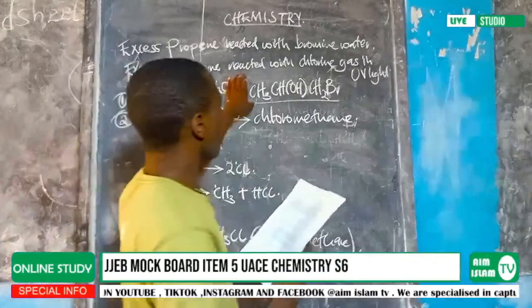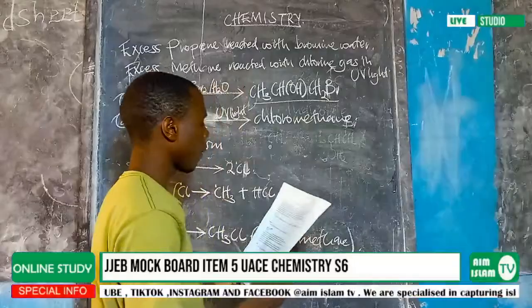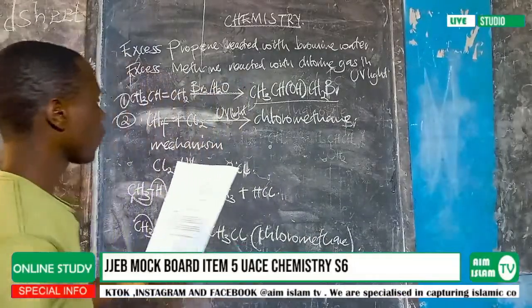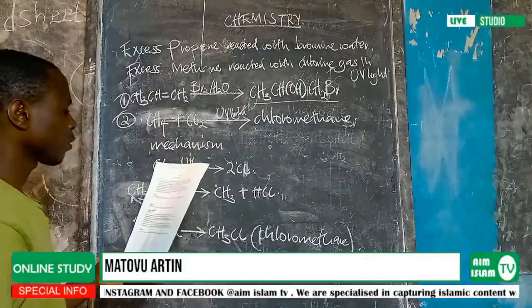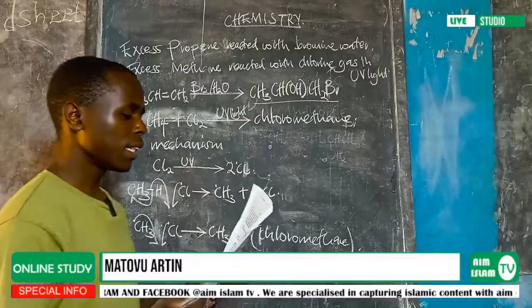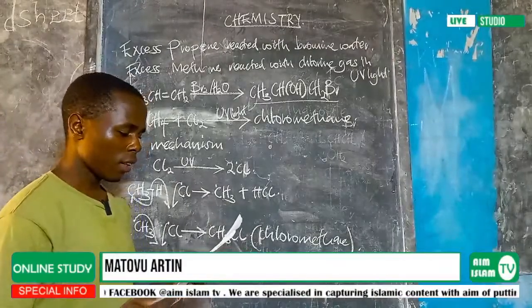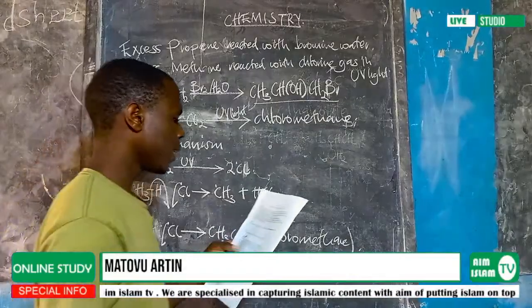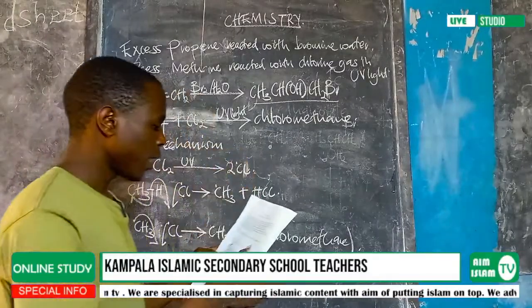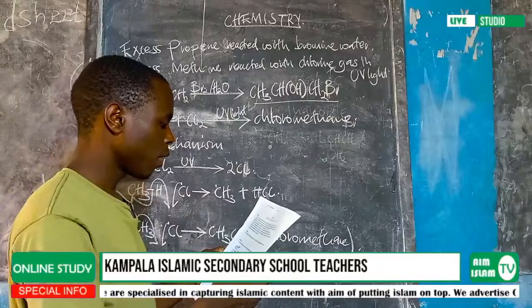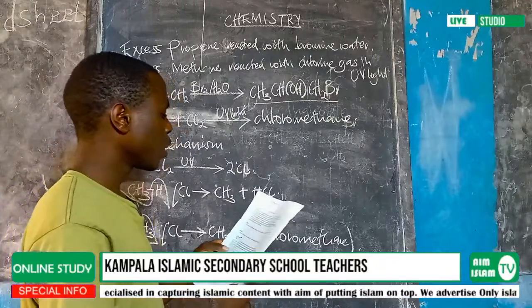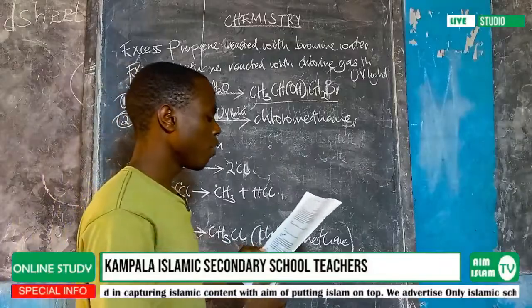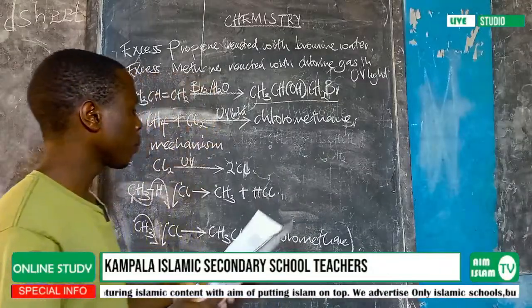If you look at this compound, that is 1-propanol. It can be used very well in daily life, and also chloromethane. So we have given the equations, and now the evaluation of the synthetic pathways.